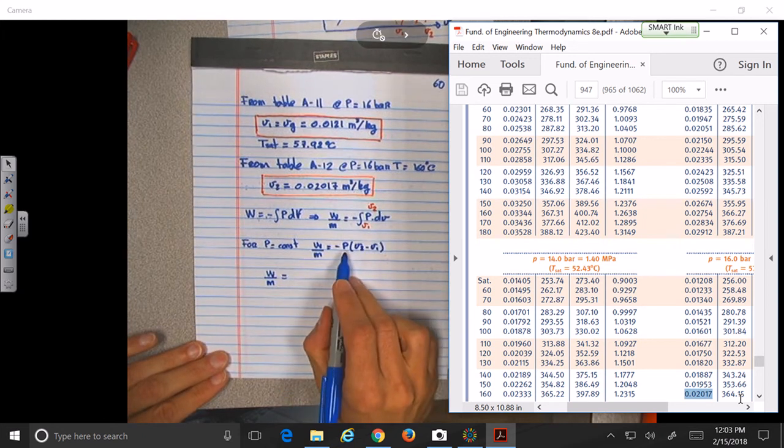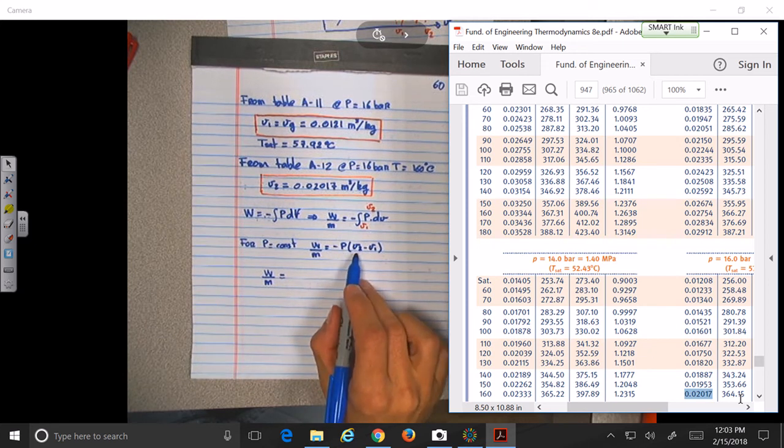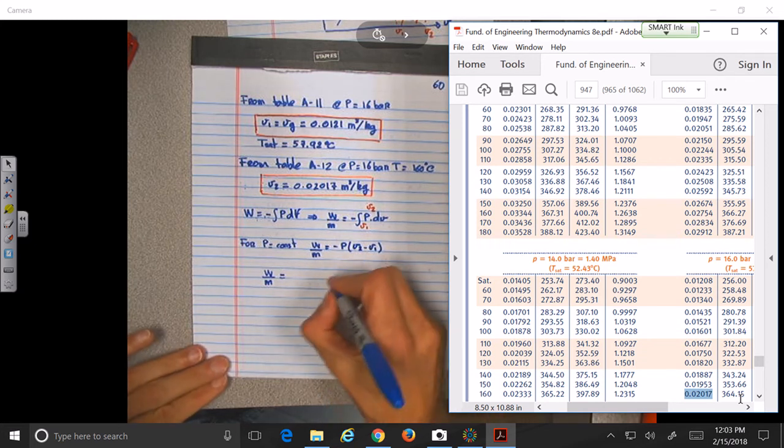Okay, so you know P is equal to 16 bars, so it's going to be equal to 1600 kilopascals times this, so that should give you the result in kilojoules, no? So if you do these calculations, what do you get? So kilojoules per kilogram.